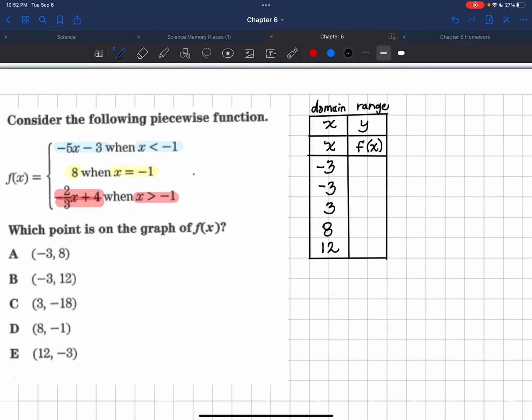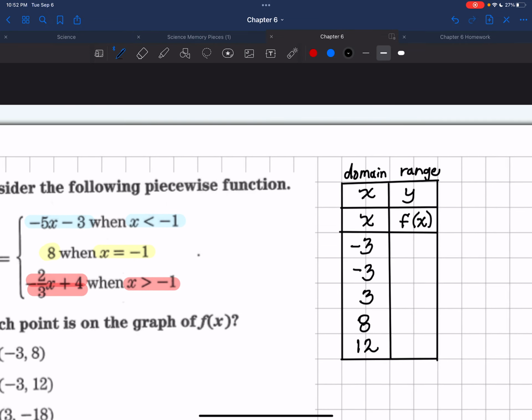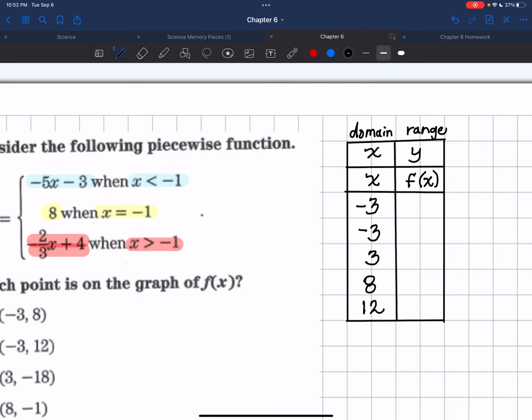So when x is -3, would that be a blue, a yellow, or a red? If x is -3, that is a blue value. X is less than -1. So this one will use the blue function, as will this one. When x is +3, that would be more than -1, so that will be using the red function.